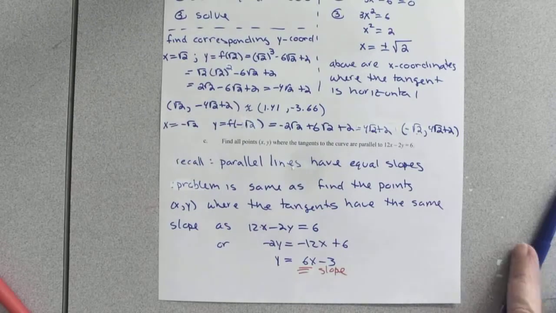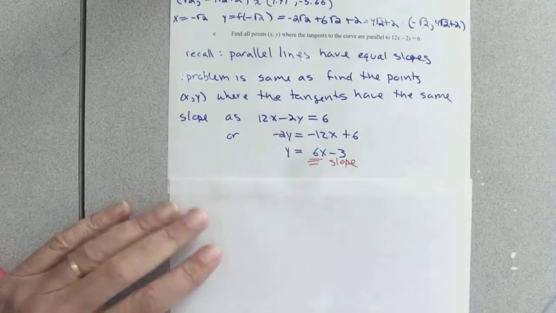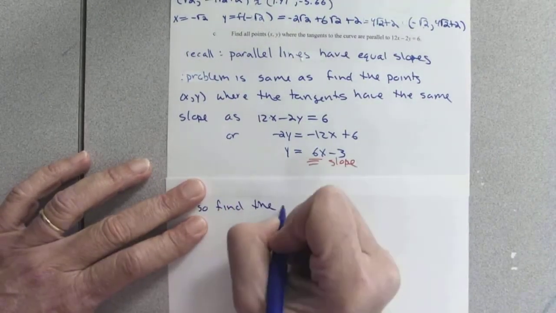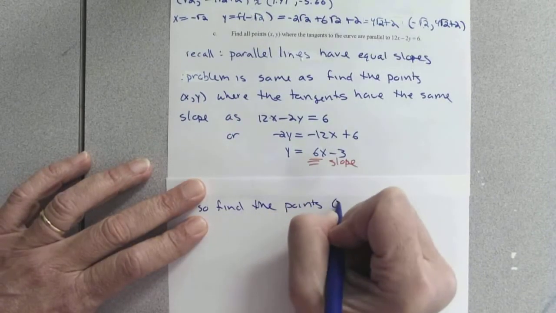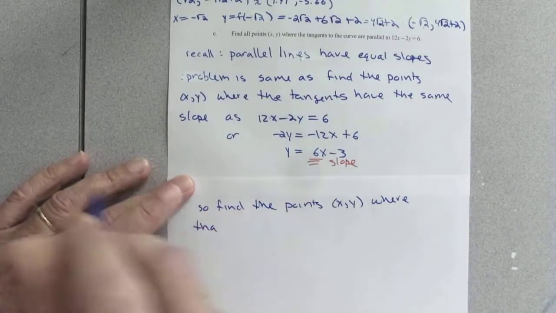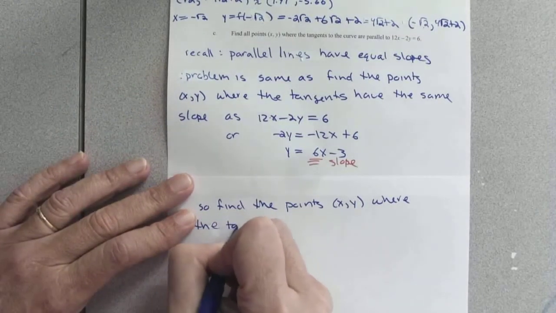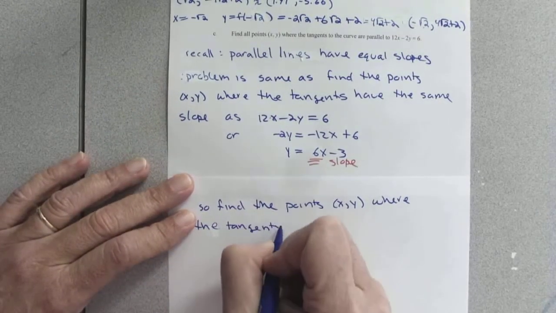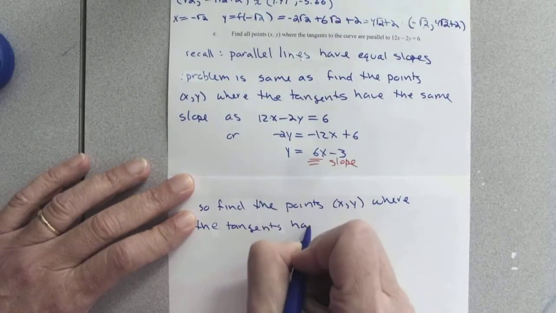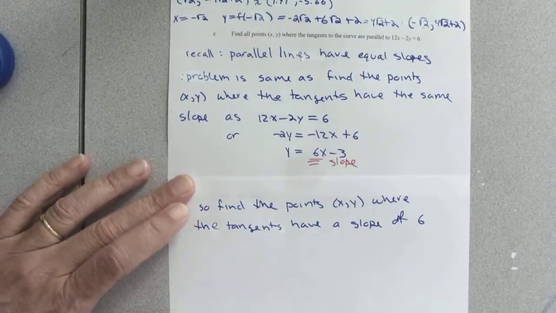And so this is further the same as: find the points x, y where the tangents have a slope of 6.